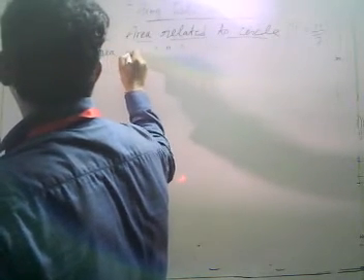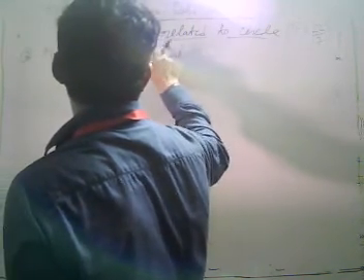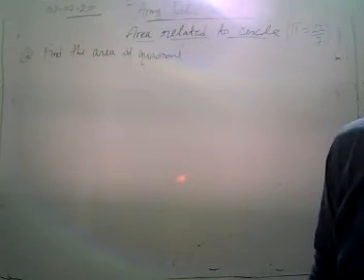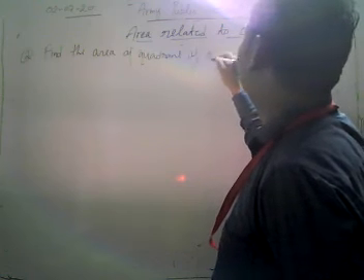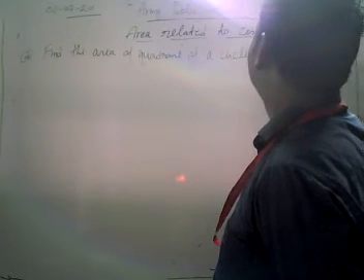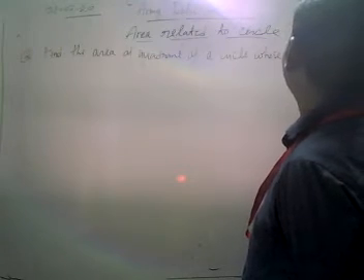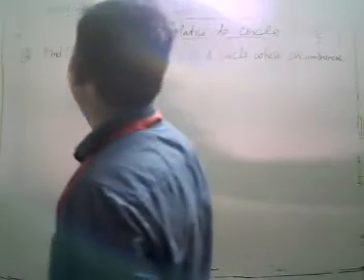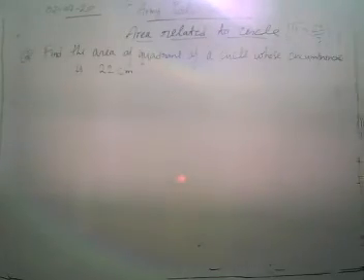Find the area of quadrant of a circle whose circumference is 22 centimeter.